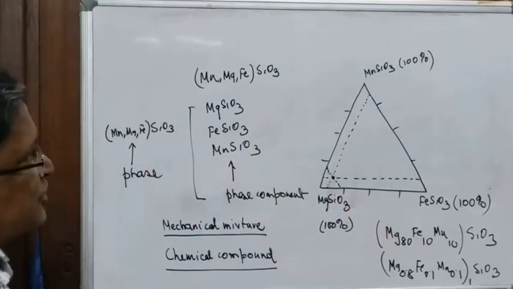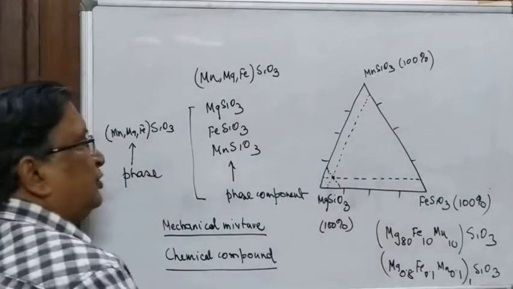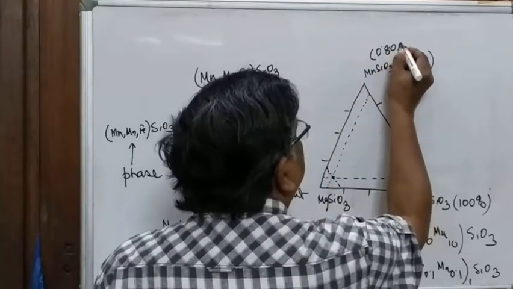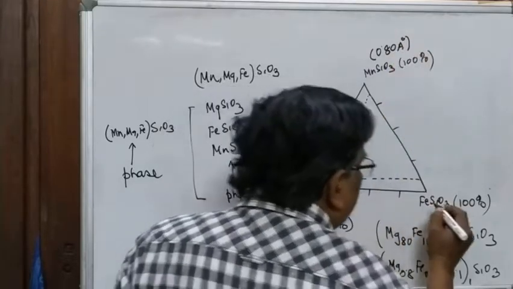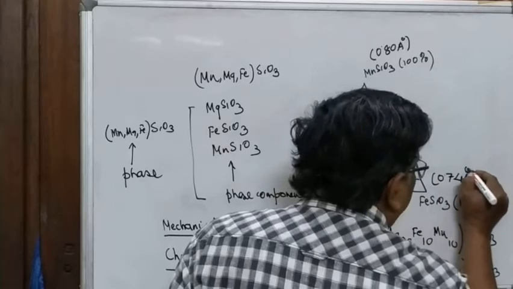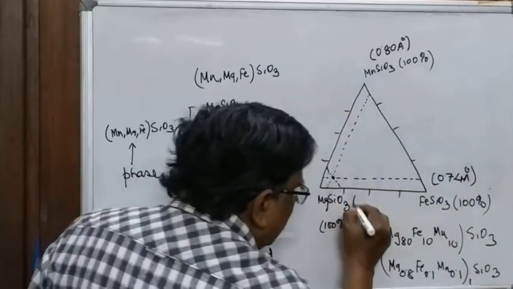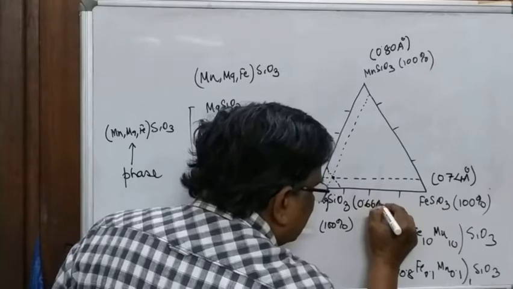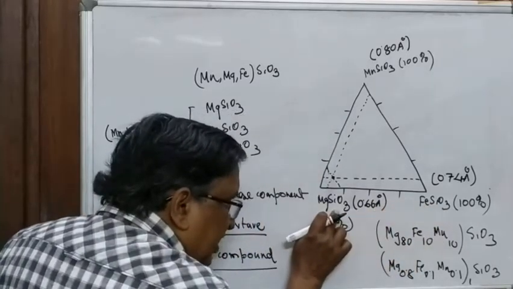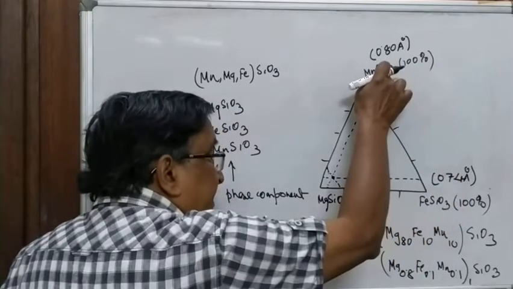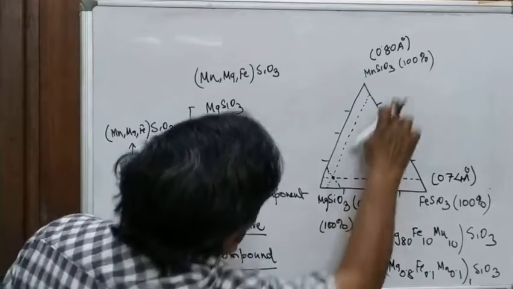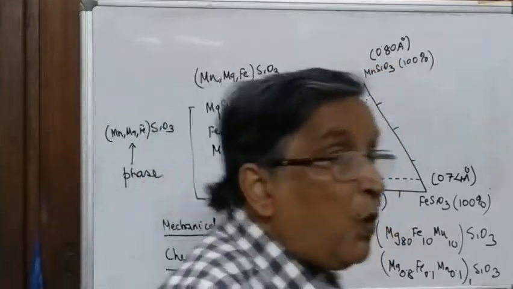The ionic radius in MnSiO3 is 0.80 angstroms, FeSiO3 has 0.74 angstroms, and MgSiO3 has 0.66 angstroms. You see, FeSiO3 is quite close to MgSiO3 and also close to MnSiO3. But MnSiO3 and MgSiO3 are separated by 0.14 angstrom.